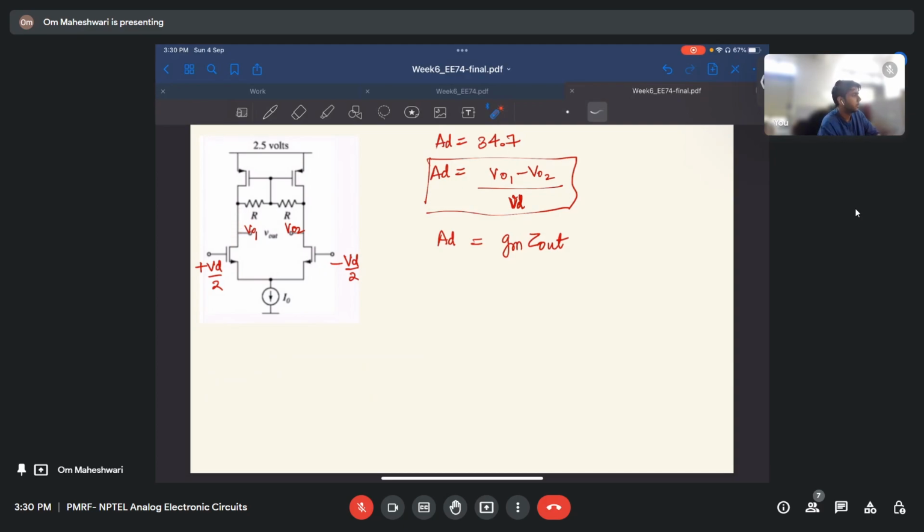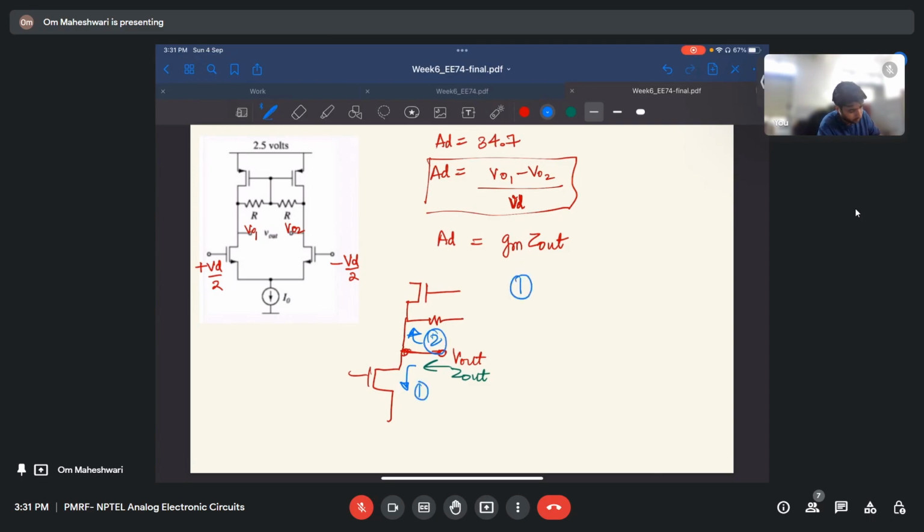So for Z out, I'll just draw it like this here. We have our output at this node, so we need to look at Z out here. Z out will be this in parallel with this, let's say 1 and 2.